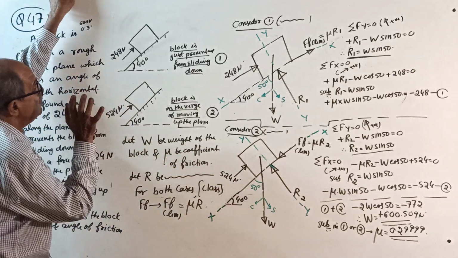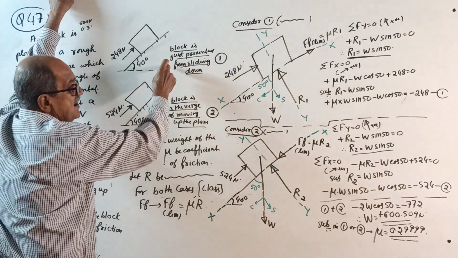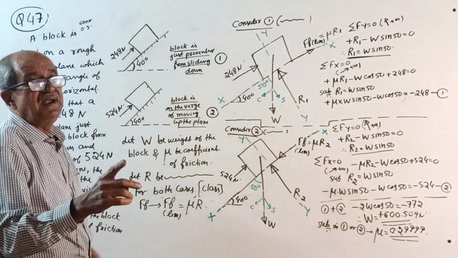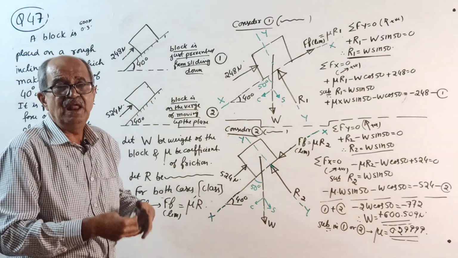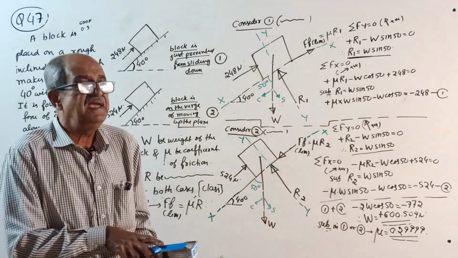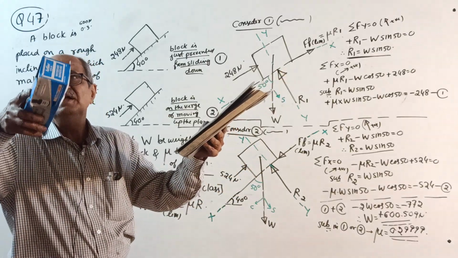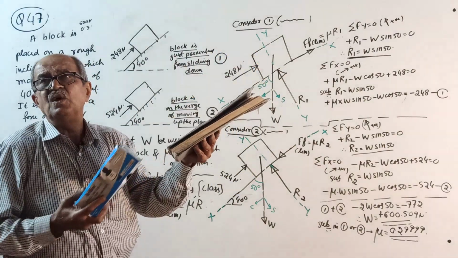Okay. Now, see, there are two cases given right here. Two data given here. Experimentally, it's actually an experiment. I will tell what the question is. See, there's an inclined plane at 40 degrees. Some weight, we don't know what the weight is, is placed. It will slide down.